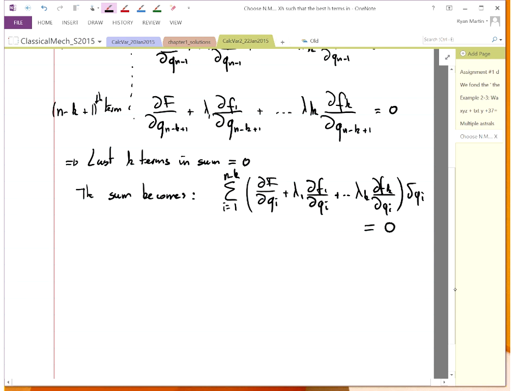So in this reduced sum, the δqi's can be varied independently. So we only have n minus k δqi's. These can be varied independently.